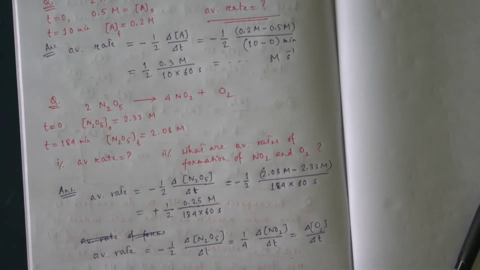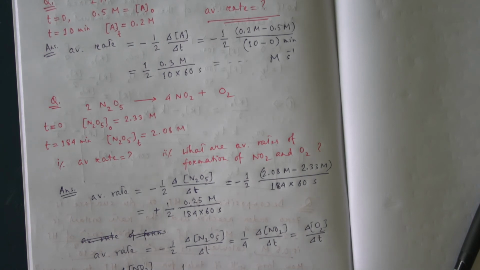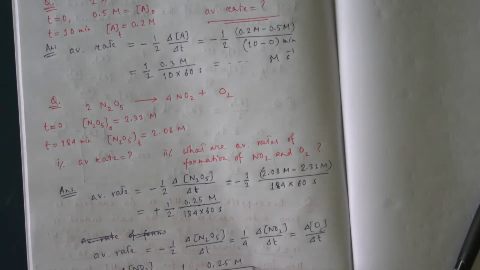Okay, so 1/4 del NO2 del t, that will be equal to half into 0.25 molar, 184 into 60 second.